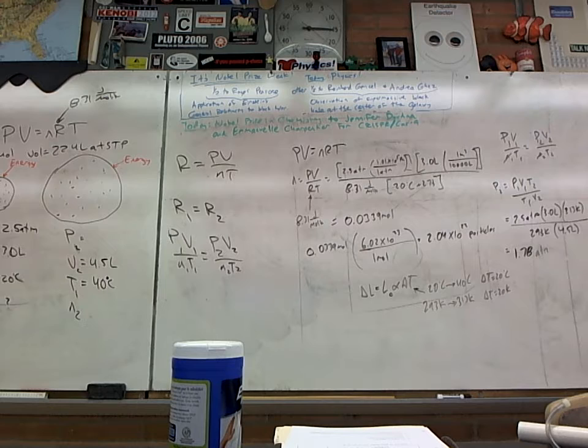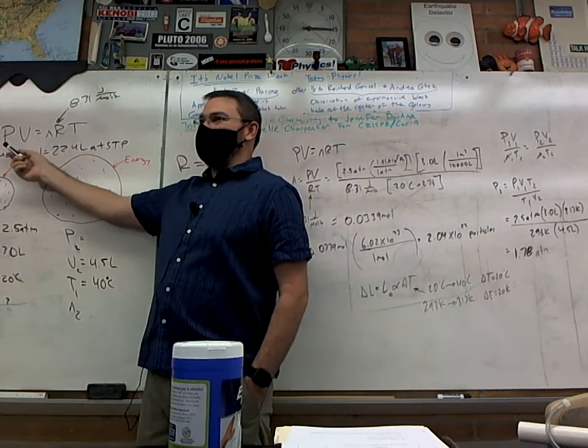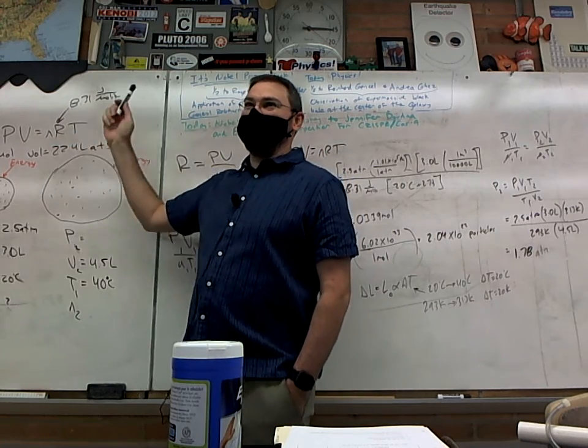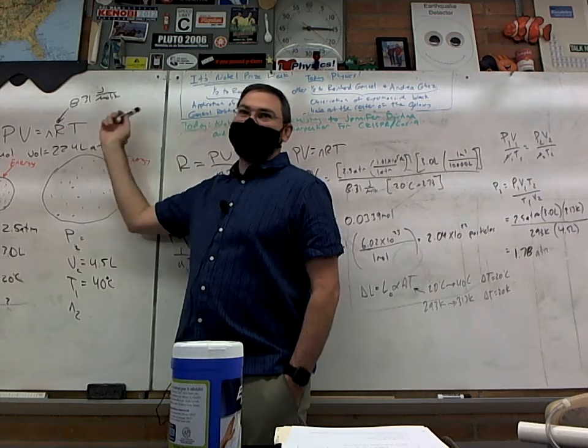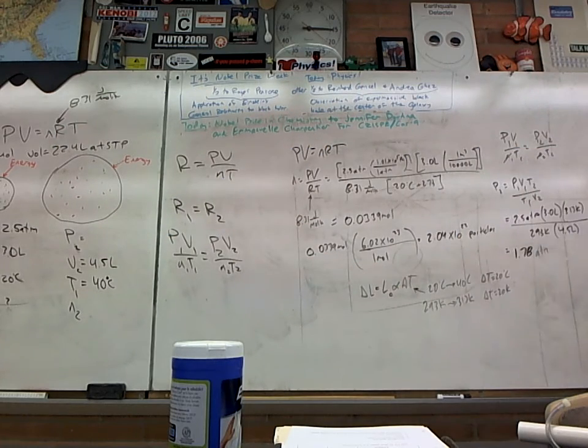That's straight up a thing. On the AP test, they'll be like, here's the equation, PV equals nRT. And they'll maybe just give you a P, V, an n, and a T. And you're just sticking the numbers in that they gave you. And you get an answer. I can guarantee it's going to be one of the four options.